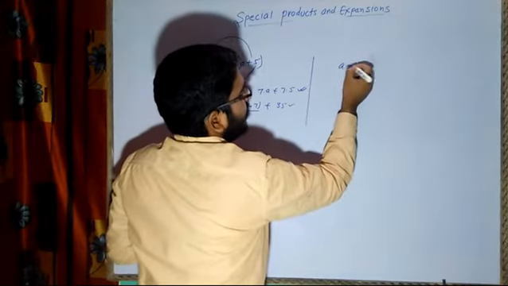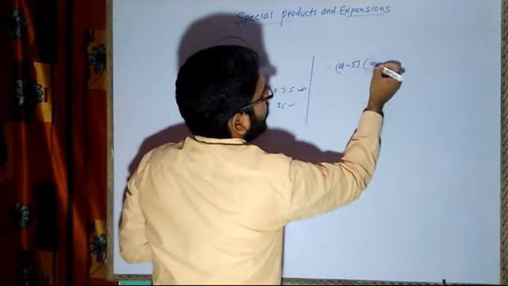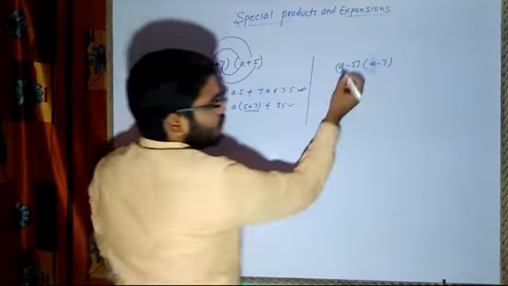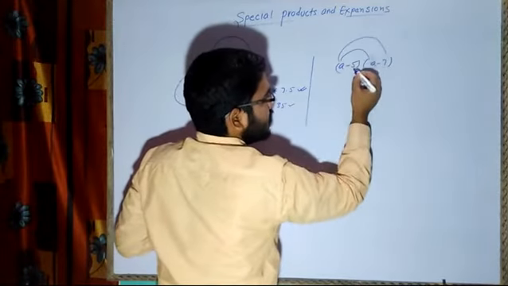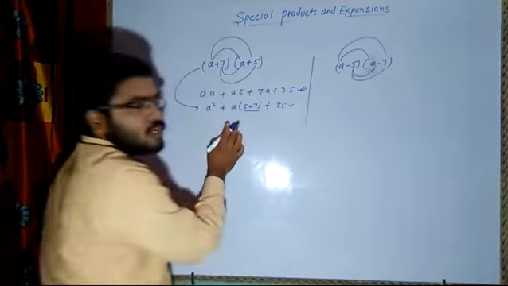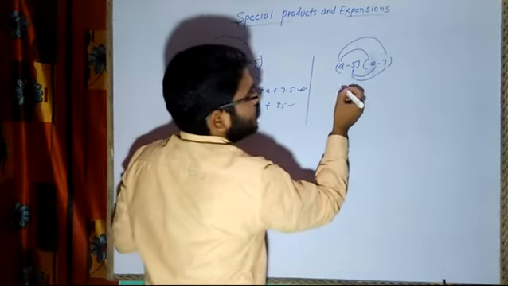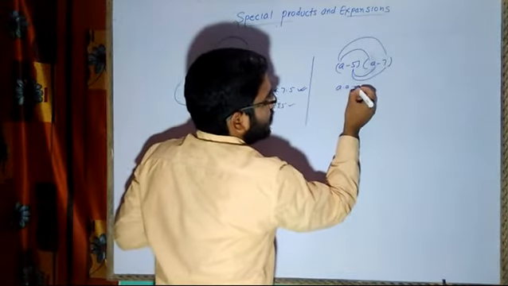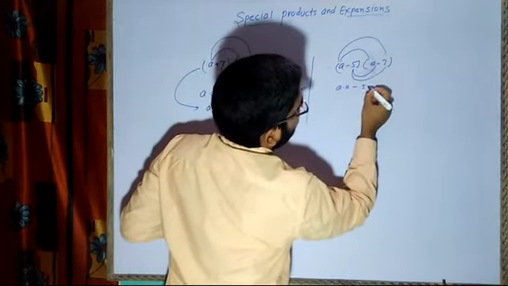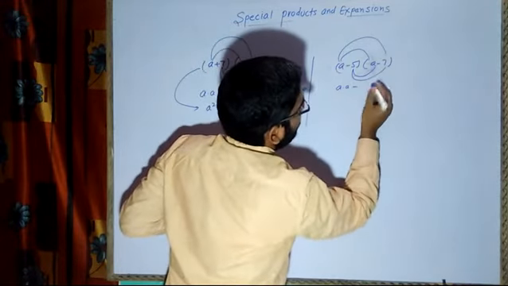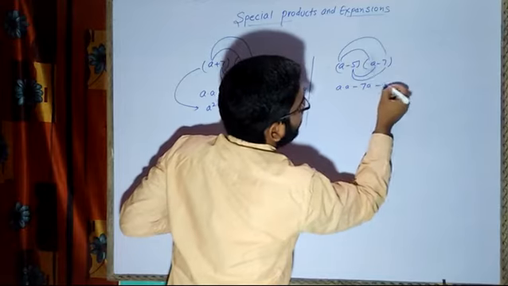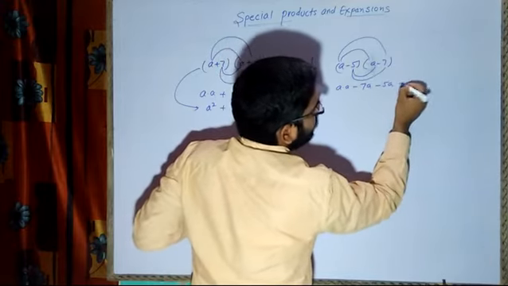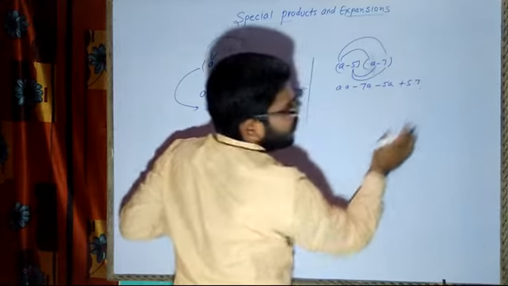Suppose I have a minus 5 and then a minus 7. Then again, if we don't know the special product, I will write a into a, minus 7a, minus 5a, and minus into minus plus 5 into 7, right?